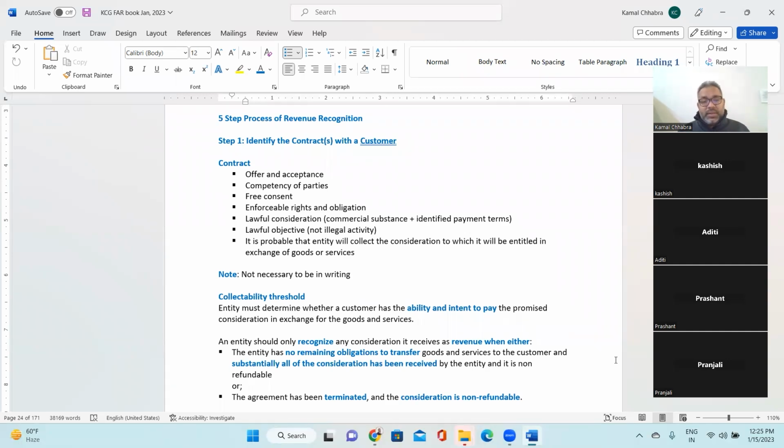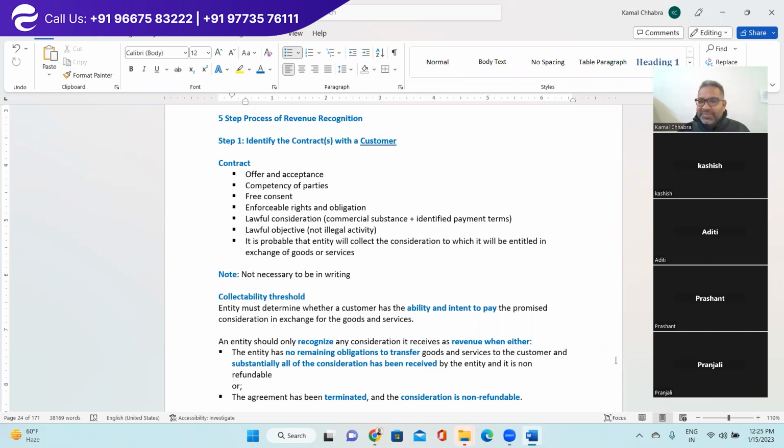And the consideration is a lawful consideration. I'm not asking Prashant to murder anyone to get this work done, or to push anyone so hard that the person could die. I'm not doing any unethical or illegal practice. It's a lawful consideration for which I'm paying Prashant, and Prashant and his team would be working. And it is very much probable from Prashant's standpoint that the amount will be collected from Kamal.